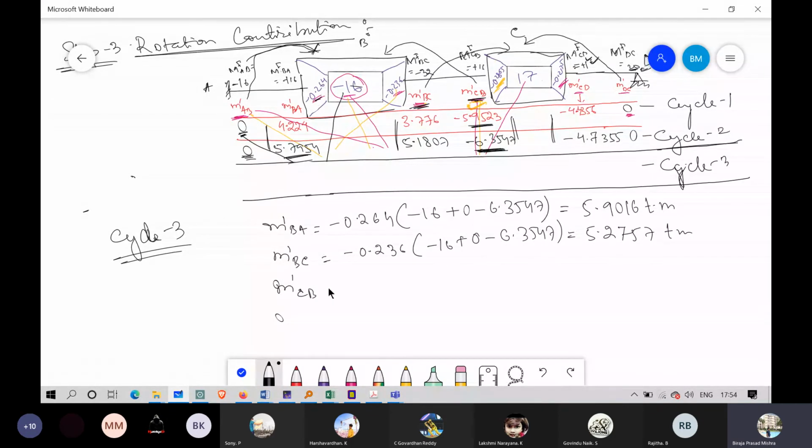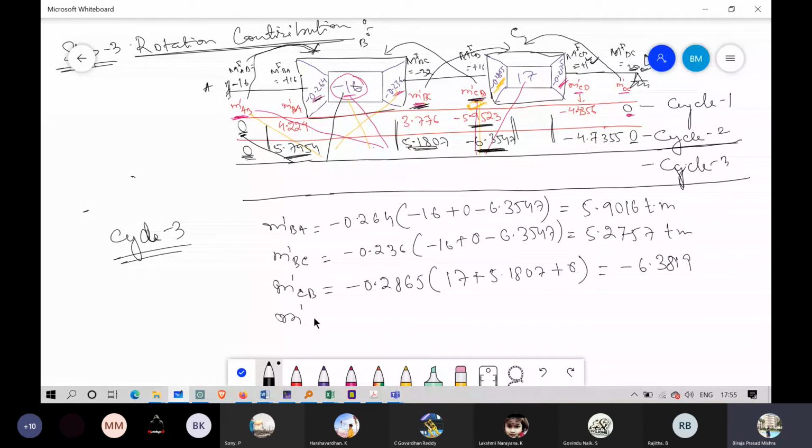M bar CB equals minus 0.2865 into 17, then this value plus 5.1807, then this value it is 0. M bar CB is coming as minus 6.3819.